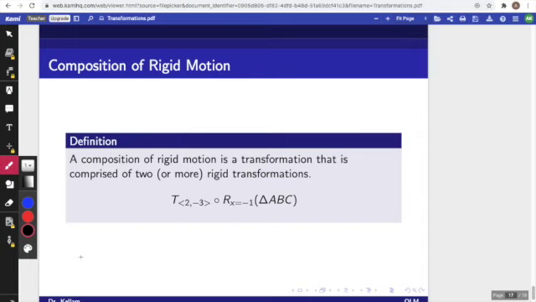So, a composition of rigid motion. Now, with a composition of rigid motion, we basically are doing more than one transformation. Here's the thing. We have to make sure we are doing the correct thing at the correct time. So let's take this composition here, which, by the way, that symbol just stands for composition.